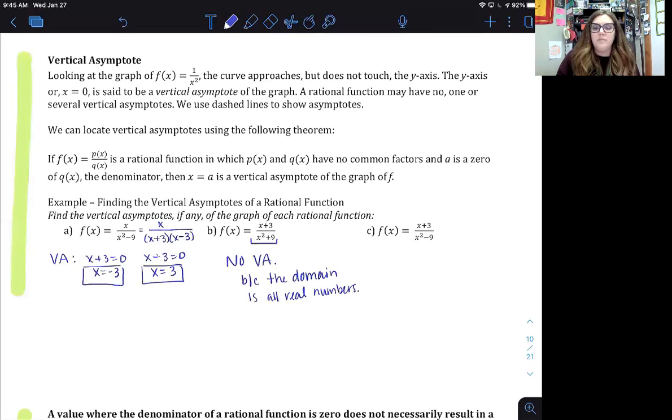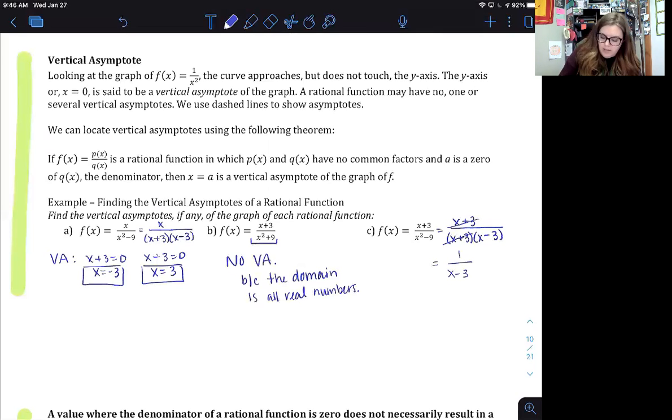All right, now let's look at C. We know we can factor this, so we have x plus 3 on the top over x plus 3 times x minus 3. If we simplify, the x plus 3 expression cancels, and we're left with 1 over x minus 3.